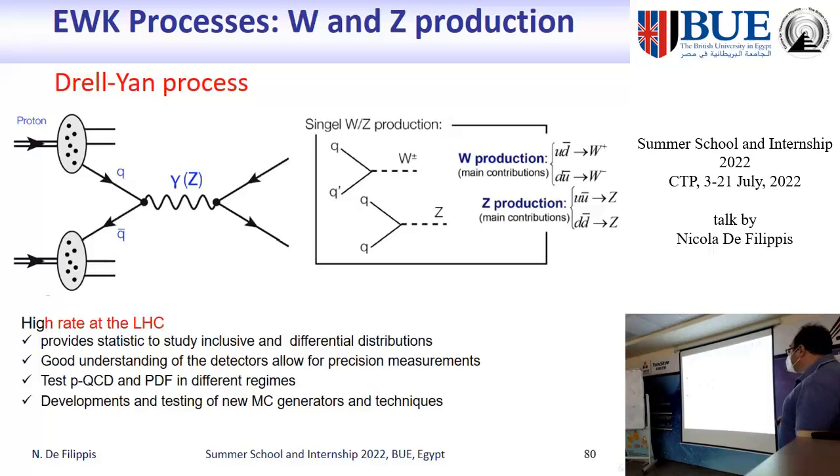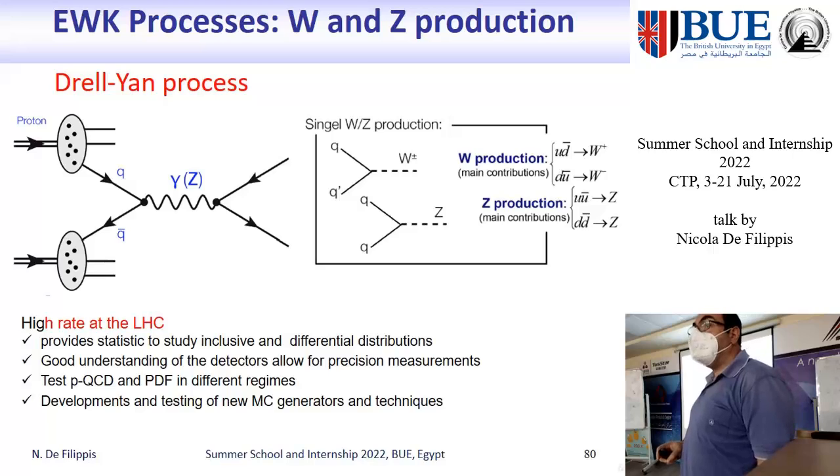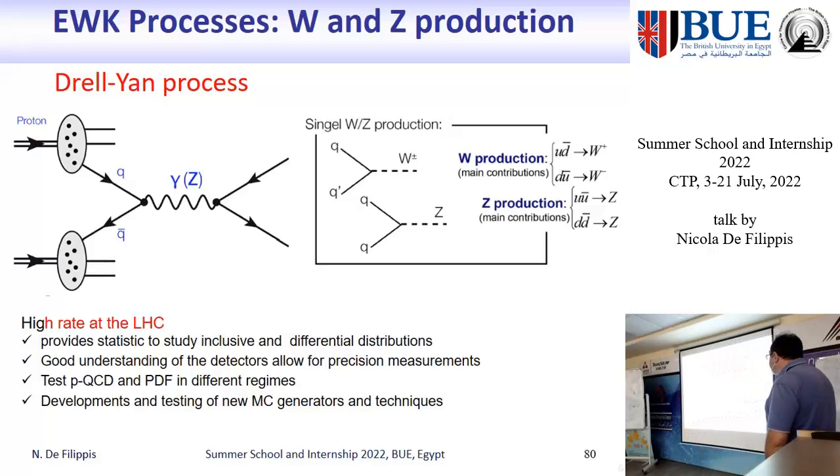But some of the most interesting processes to study are what are called the Drell-Yan production of leptons. This is the Drell-Yan process, which involves the mediator, the production of a Z or a W that then can decay. And in particular, those processes have a very high rate.